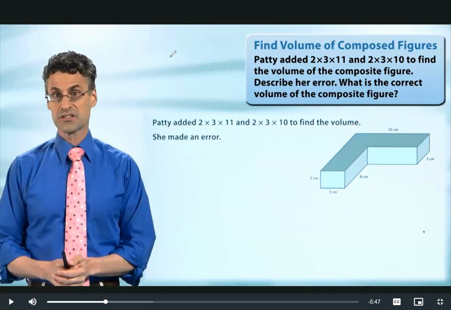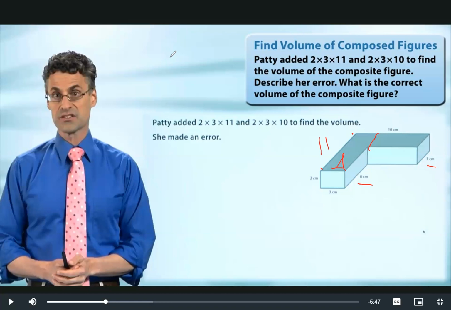But I want to show you that we still can solve this problem by using Patty's way of thinking. Patty said that from this corner to this corner, it's 11 centimeters because she added the 8 and the 3 and got 11. So the dimensions on figure A, let's call that figure A, are 2 times 3 times 11.